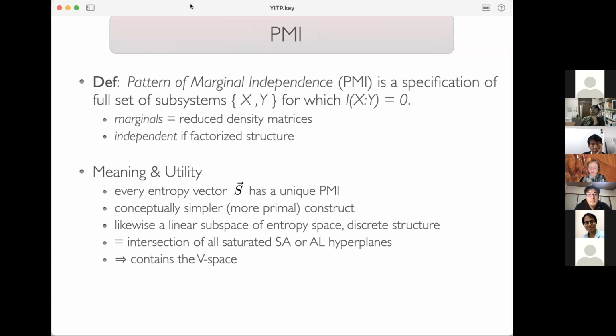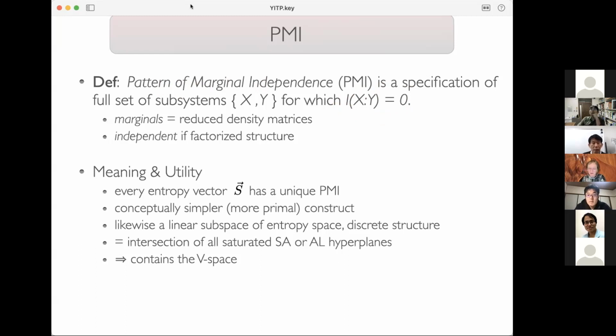It's called marginal independence because these reduced density matrices are called marginals, and if they're independent, that means the total density matrix is a product of these reduced density matrices, so that the mutual information vanishes. So marginal independence refers to vanishing mutual information.